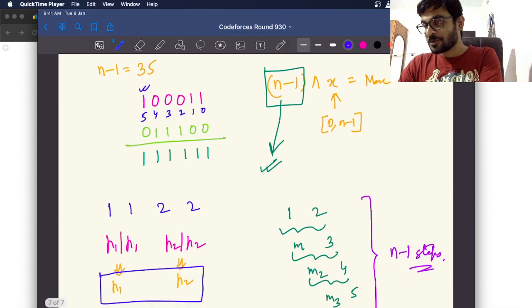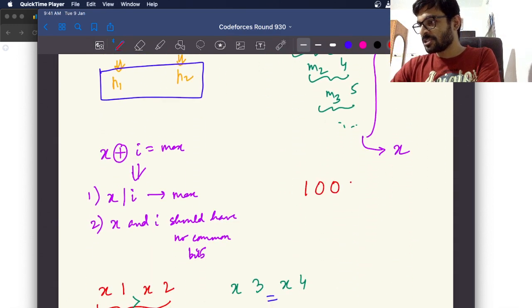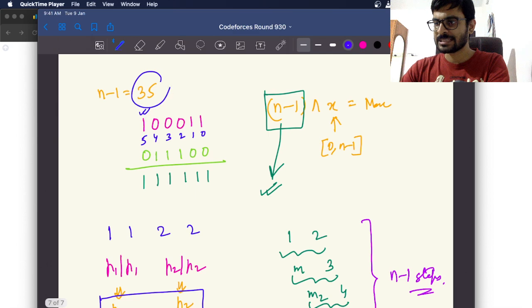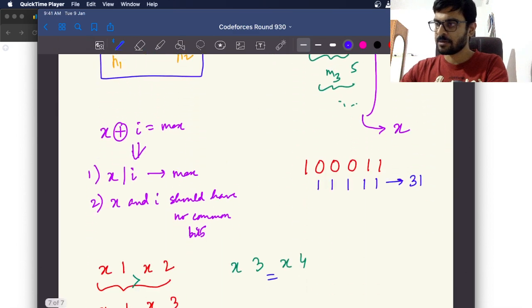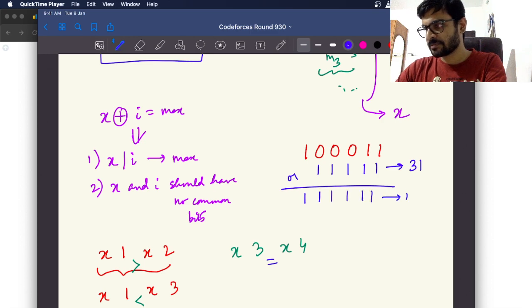1 0 0 0 1 1. What can we say? Okay, if we OR it with this number 31, which is less than 35, so this is a valid number. If we do bitwise OR, we will get 1 1 1 1 1 1, which is the best.